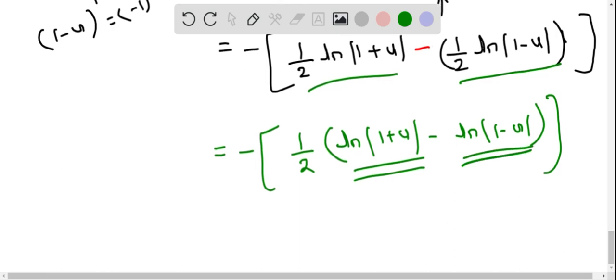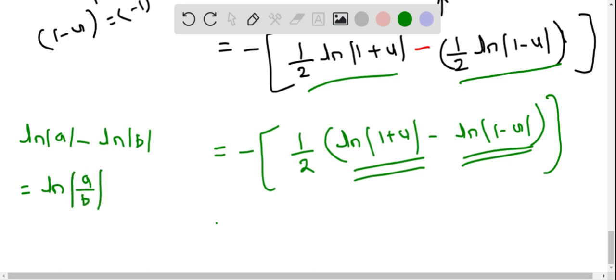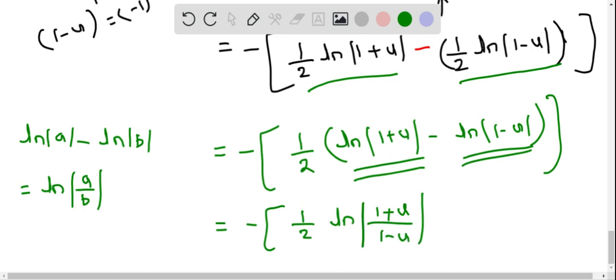So use the difference property of natural logarithm: natural logarithm of a minus natural logarithm of b equals natural logarithm of a over b. When we use this property, we can rewrite this as negative 1 by 2 natural logarithm of 1 plus u over 1 minus u, in absolute value. So we get like this.